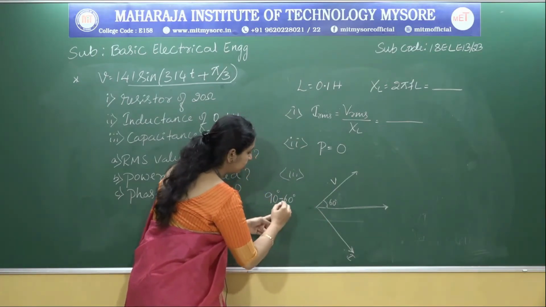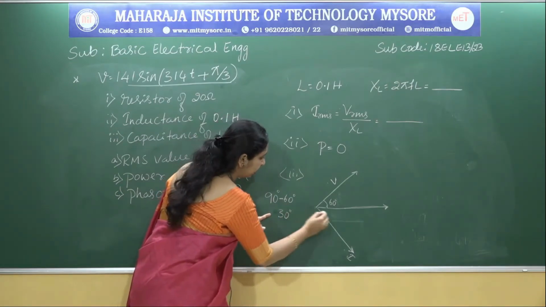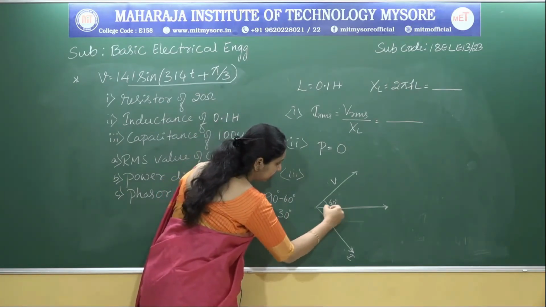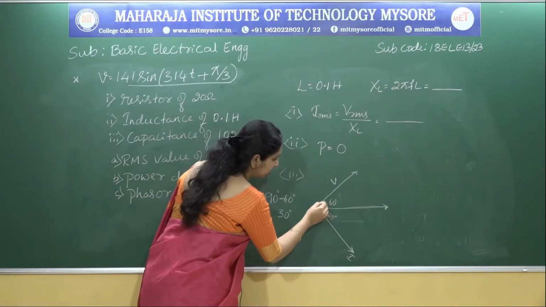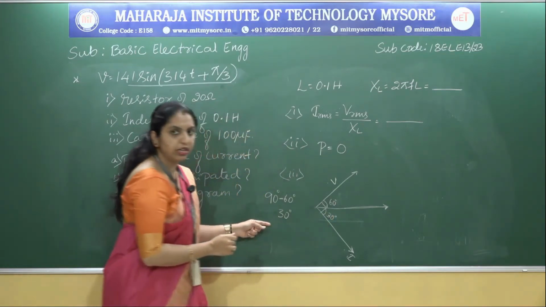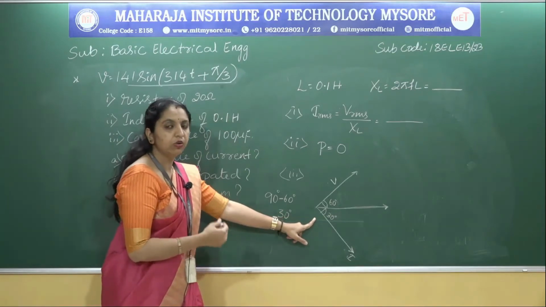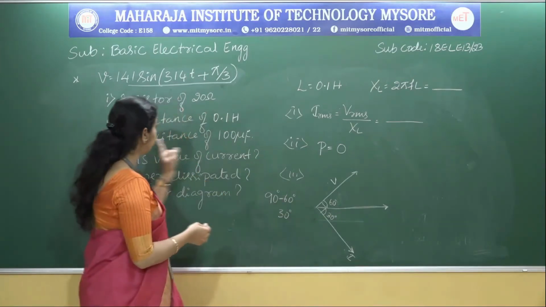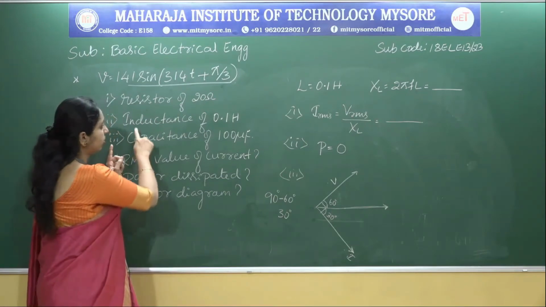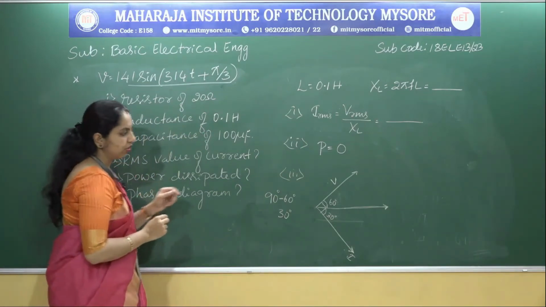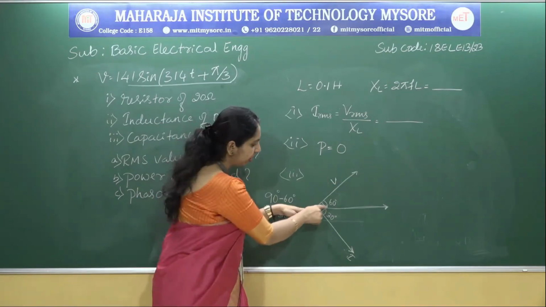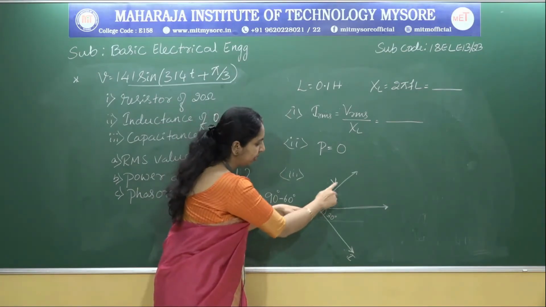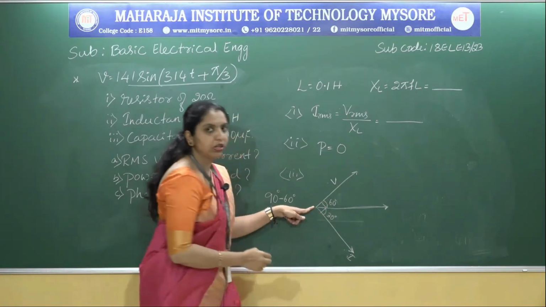So 90 minus 60, we get 30 degrees. So the angle from the reference point to I is 30 degrees. Totally we have 90 degrees, because 60 plus 30 is 90 degrees. This is how we can draw a phasor diagram for a pure inductive circuit. Here the current lags the voltage by 90 degrees: this is the applied voltage and this is the current which passes through inductance.